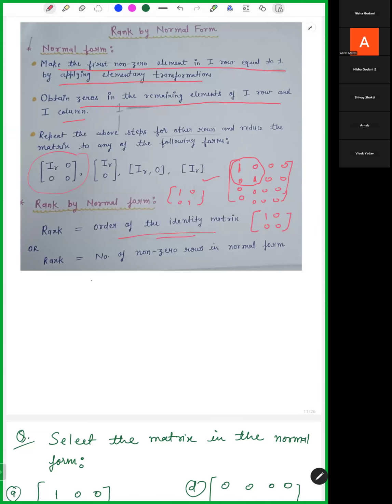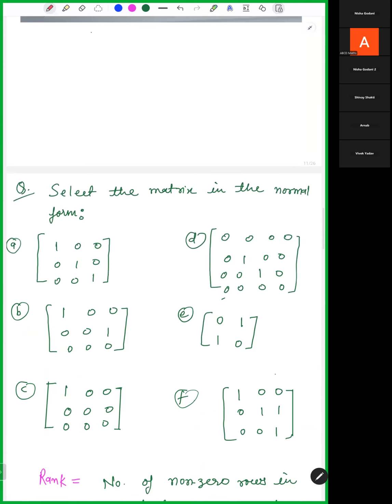So let's discuss how the matrix will look when it is reduced to normal form. First you have to identify whether the given matrix is in normal form or not. We will learn how to reduce later. So see the first matrix A. You have one in the first row, all zeros in the row and column.